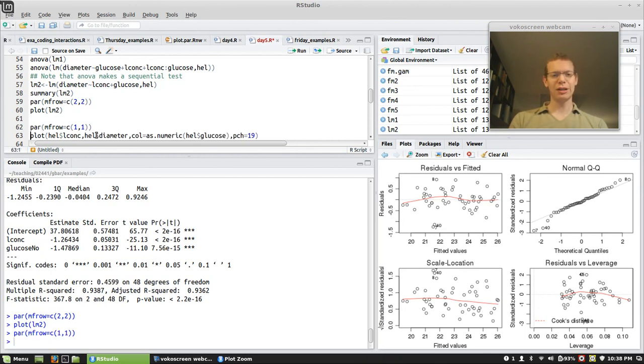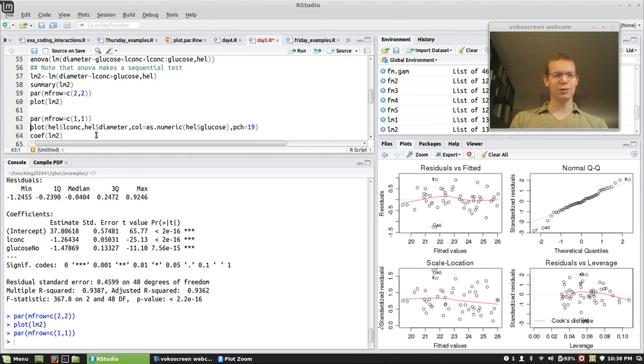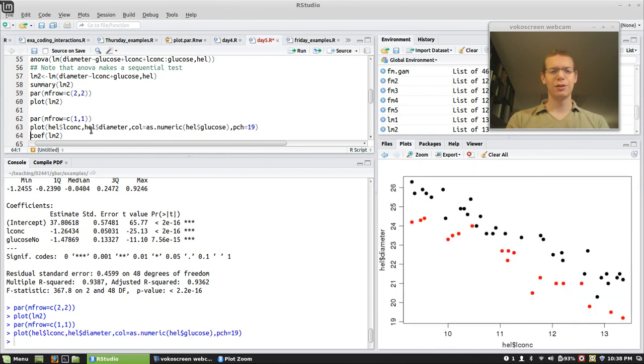So let's plot the data, and what I've done here is to plot the concentration and diameter, and the color of each dot is the numeric value of glucose, which is then either a 1 or 2.